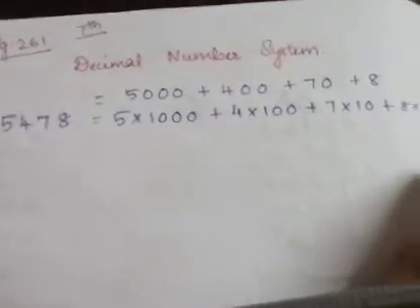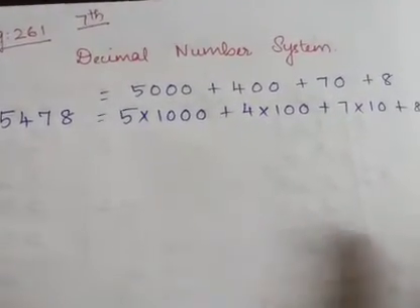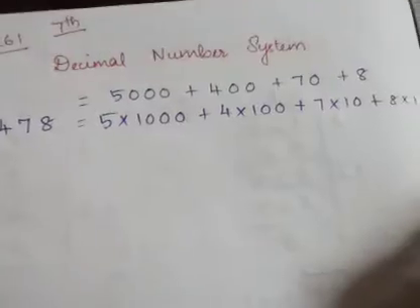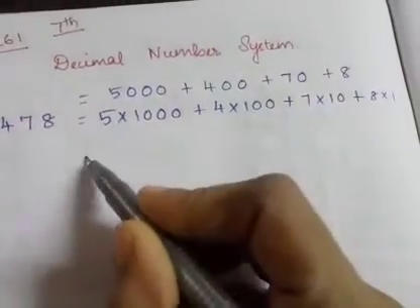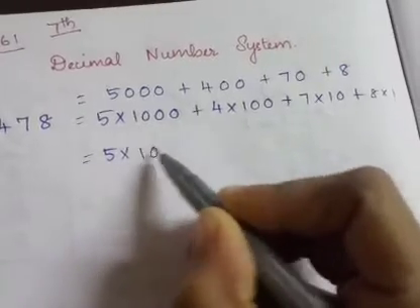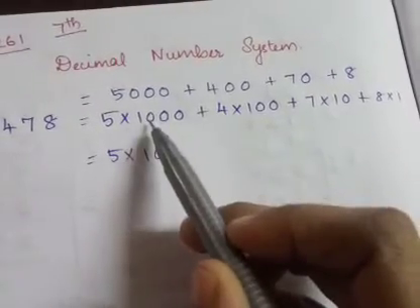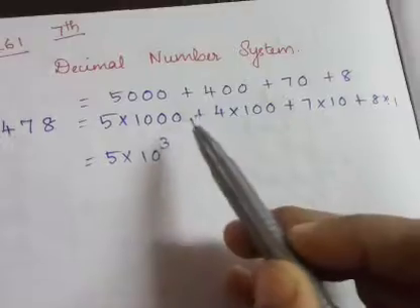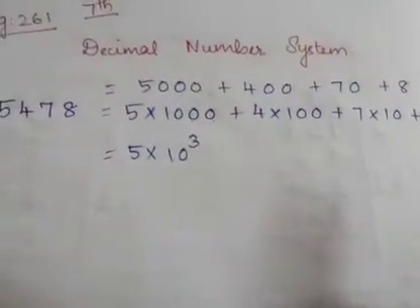So first, they have done the same thing in that given example. But what we are writing now, after this: 5 into 10 power 3, because how many zeros are there? 1, 2, 3. Actually 10 is multiplied 3 times here.